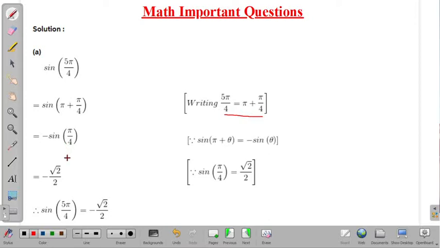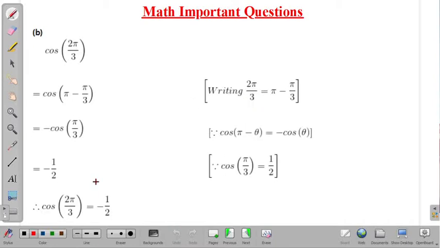And we know the value of sine pi by 4 is equal to root 2 by 2, which is the same as 1 by root 2. So this can be written as minus of root 2 by 2, substituting the value of sine pi by 4. Therefore our answer will be sine 5 pi by 4 equal to minus root 2 by 2.